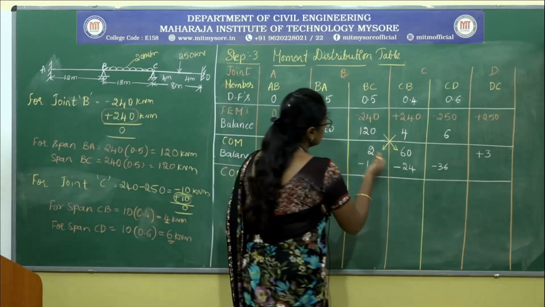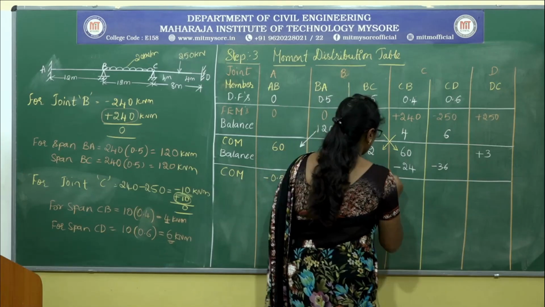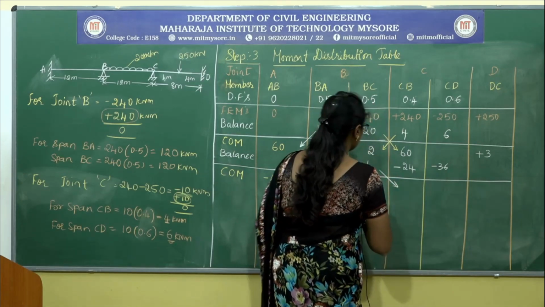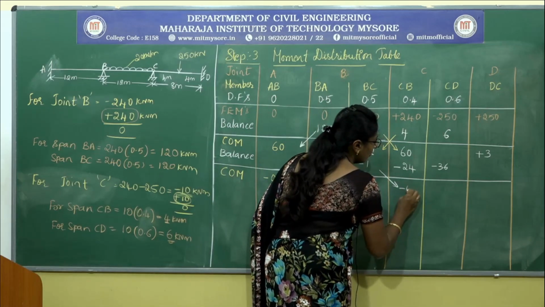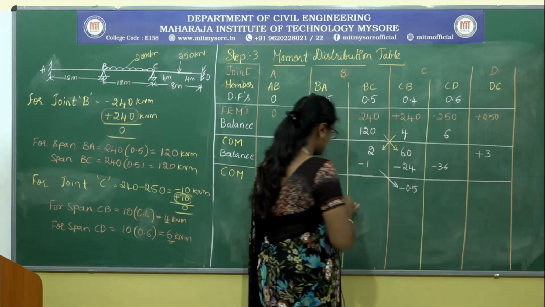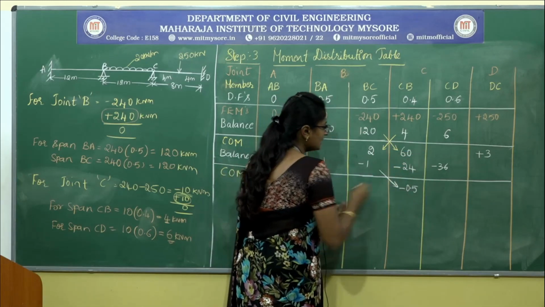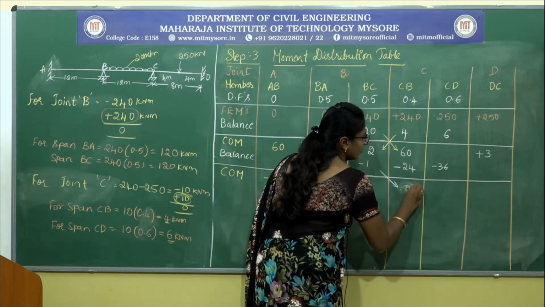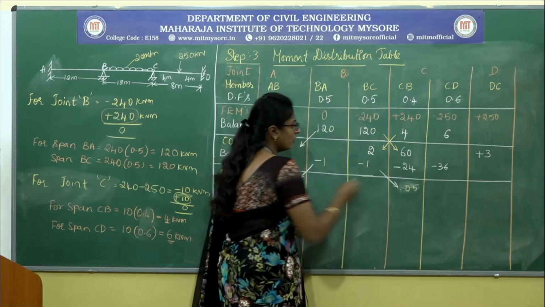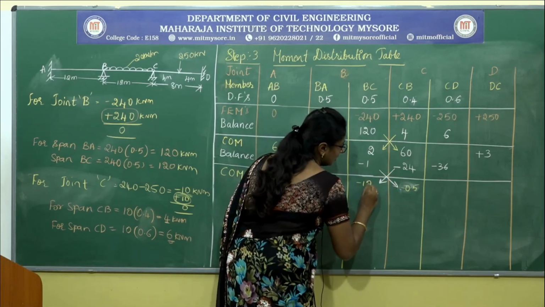Next, for span BC, the applied moment is -1, half of -1, which is equal to -0.5. For span CB, the applied moment is -24, half of -24 is -12.